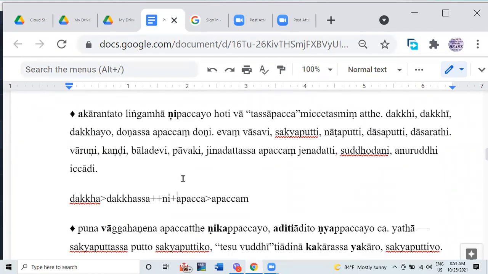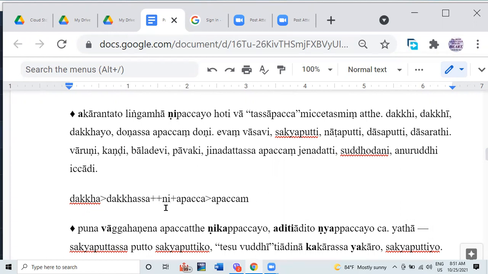And then, at the beginning of Padarūpasiddhi, by the sutta, the na consonant of ni is dropped. At the time, only E remains.